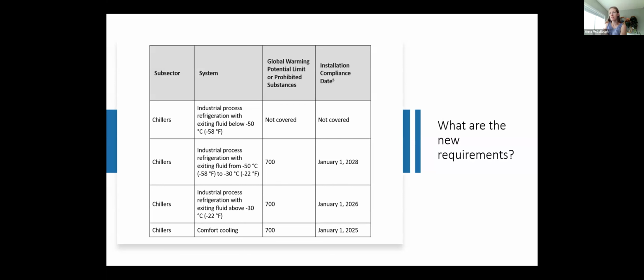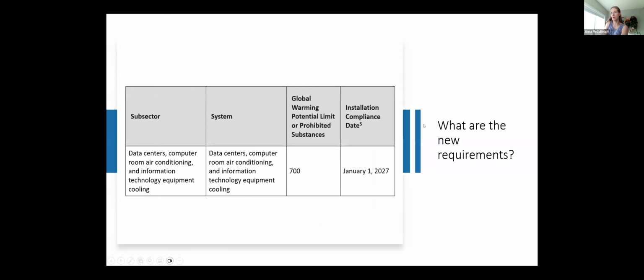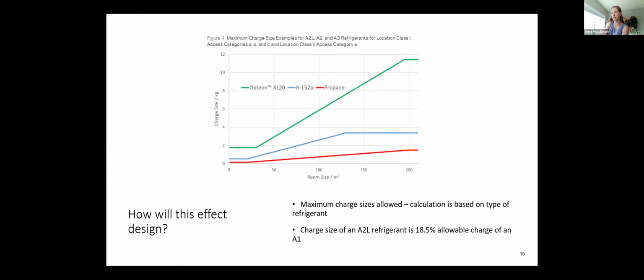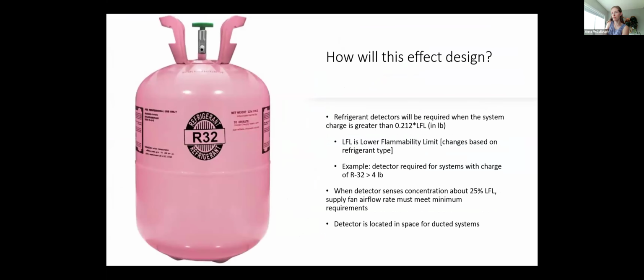You will see this, and I can pull up the chart for you guys. So when we have a refrigerant charge greater than 0.212 times the LFL, and those LFLs are available in the IMC, that's when the detection is needed.